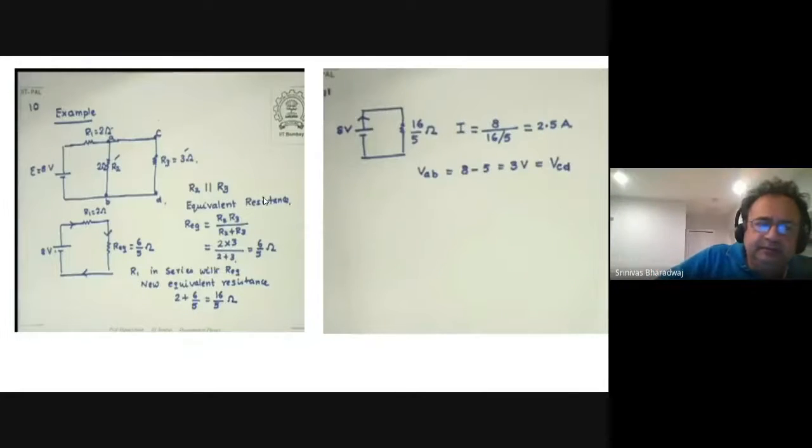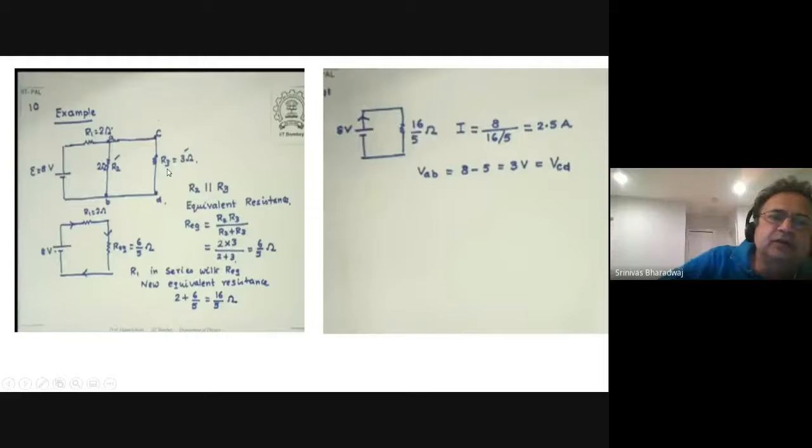So now I'll discuss this problem. This is a simple example, right? So you have two resistances in parallel, 2 and 3, and you have a third resistance in series with these two. So what is the equivalent resistance of 2 and 3?